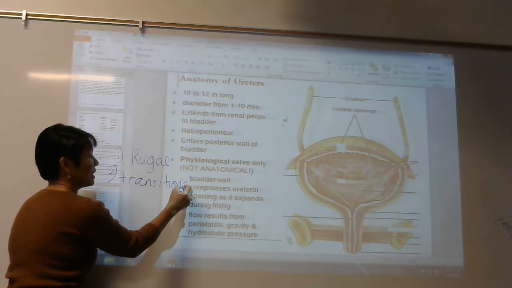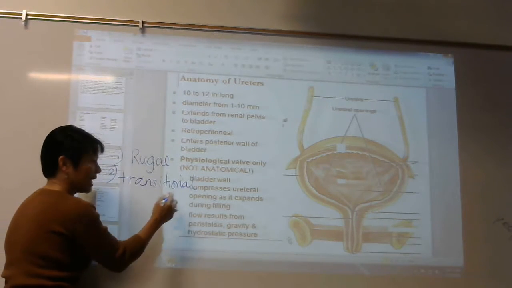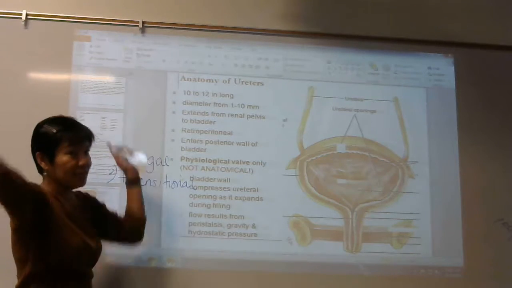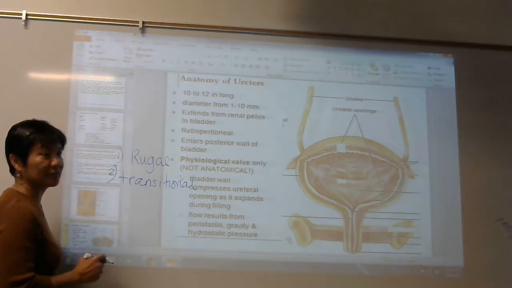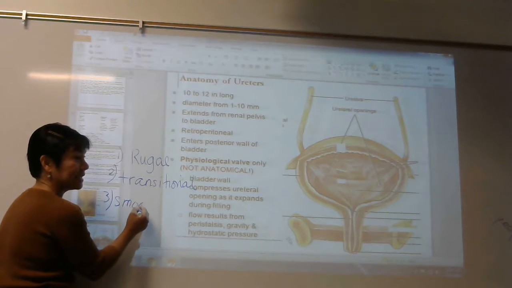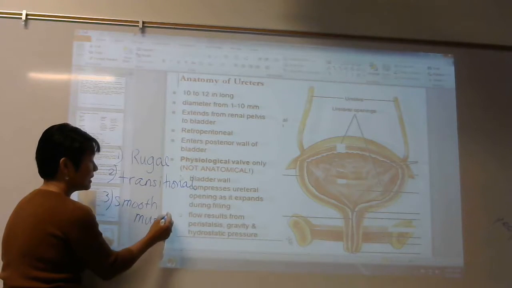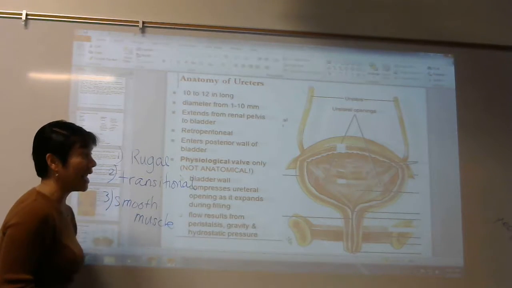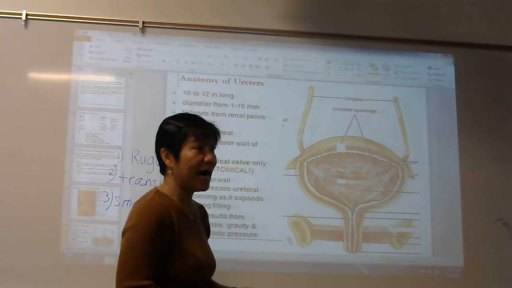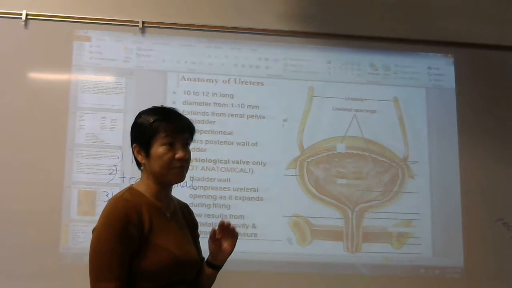Remember where it can transition from many layers to a few layers. That helps in expanding so you can hold more urine. Number three, you remember smooth muscle? The plasticity of smooth muscle, right? So these features make your urinary bladder ideal for storage of pee-pee.